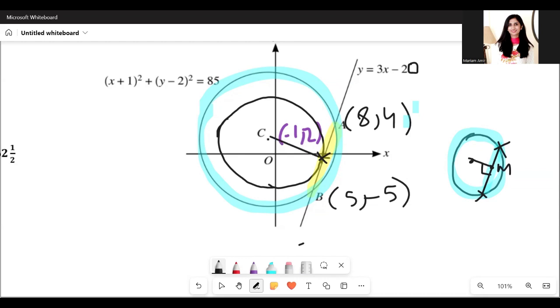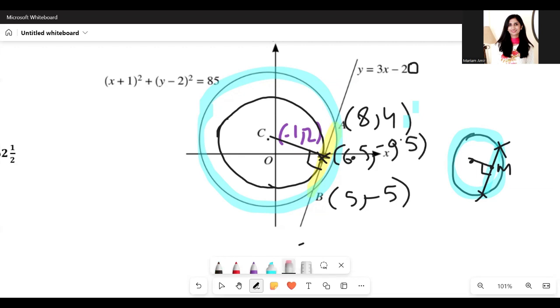So let's find the midpoint. The midpoint of 8 and 5 is going to be 13 over 2, which is 6.5, comma, the midpoint of 4 and minus 5 is going to be minus 1 over 2, minus 0.5.